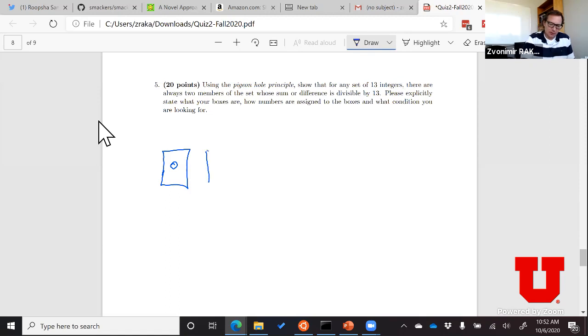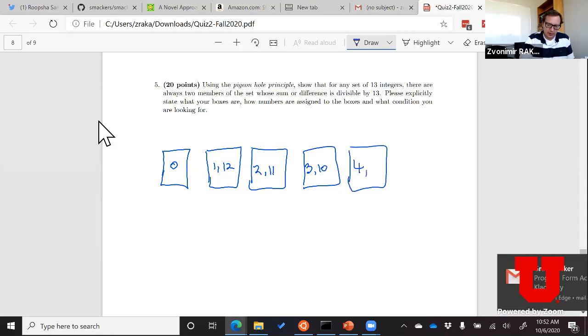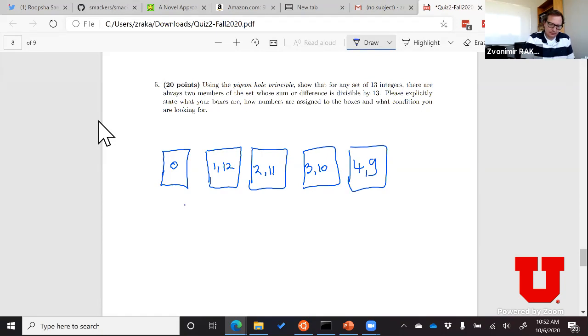Then in the second box, you put 1 and 12, 2 and 11, 3 and 10, 4 and 9. What do we have? 5 and 8, and 6 and 7.